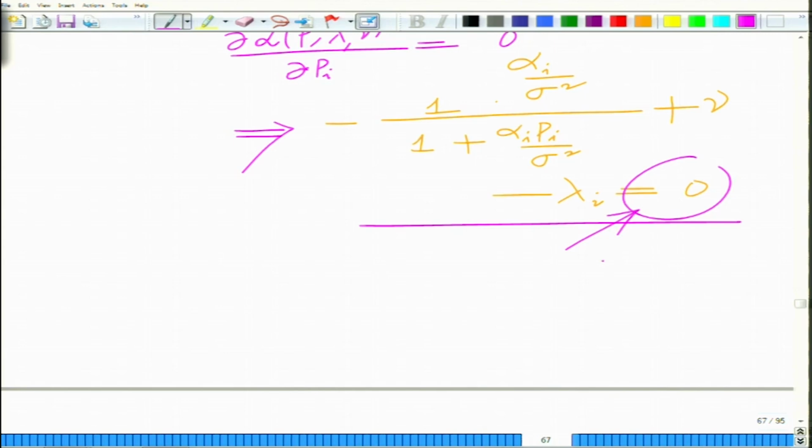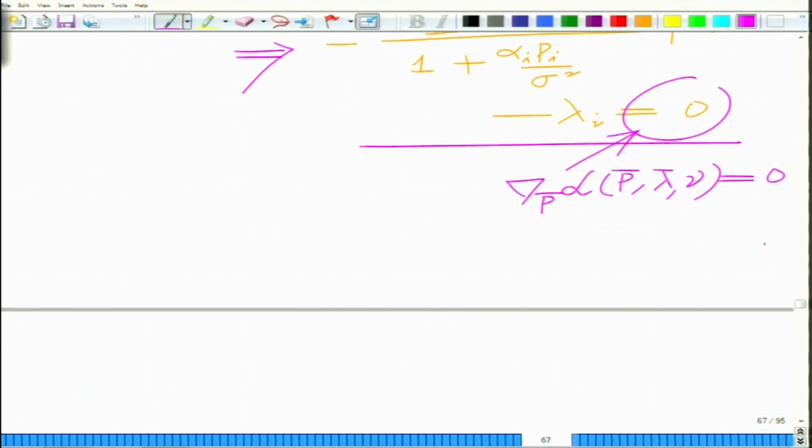This is the key equation, the KKT condition, because the gradient of the Lagrangian with respect to p bar has to be equal to 0.